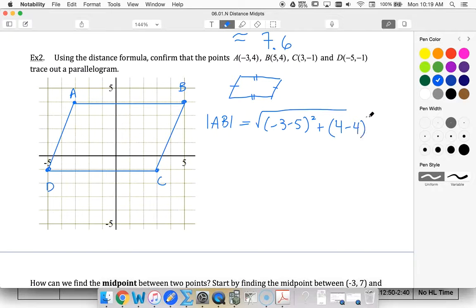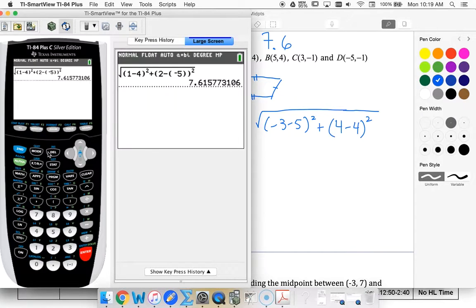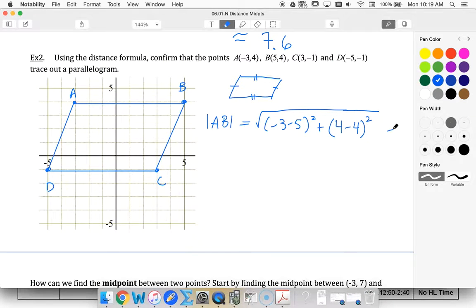Well, that's just 0, so I don't even need to put that part in my calculator, because of course 0 squared is 0. So square root of -3 minus 5 squared, and I get 8. So I know AB has a length of 8.